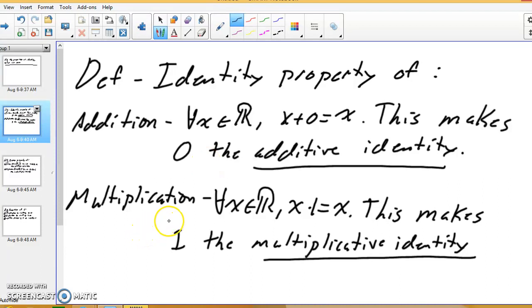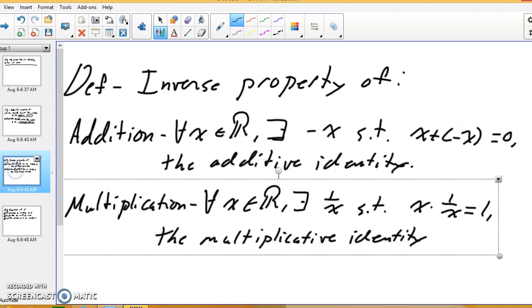Similarly, for every real number, there's only one multiplicative identity, and that is 1. So again, these are kind of important concepts to understand. 0 is the additive identity, and 1 is the multiplicative identity. So now that we know what the additive and multiplicative identities are, we can introduce the idea of inverse.